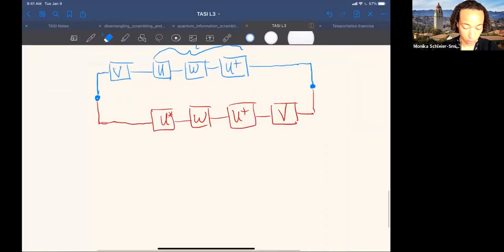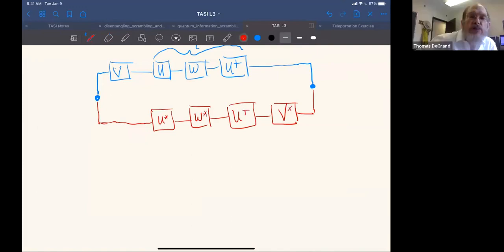So let's slightly modify this. Star, and I'm going to try to convince you that this does the same thing. Okay. Transpose, this is going to be.